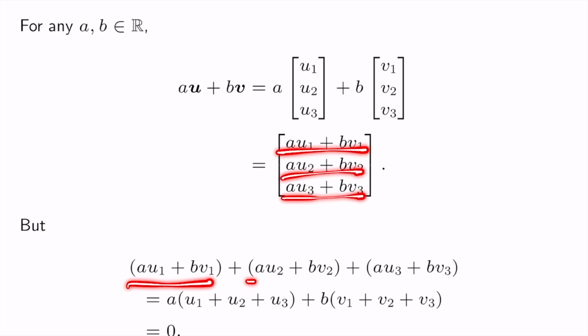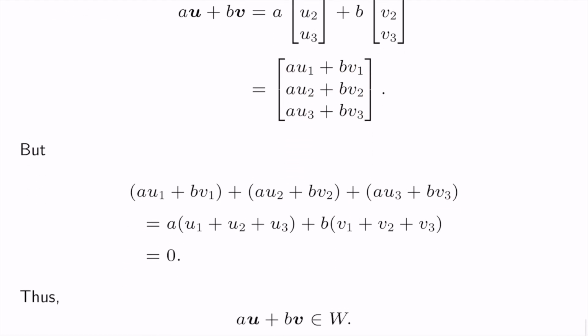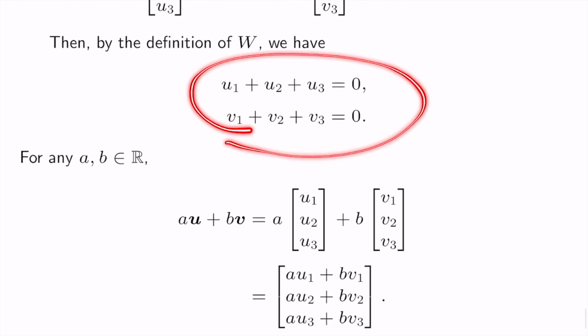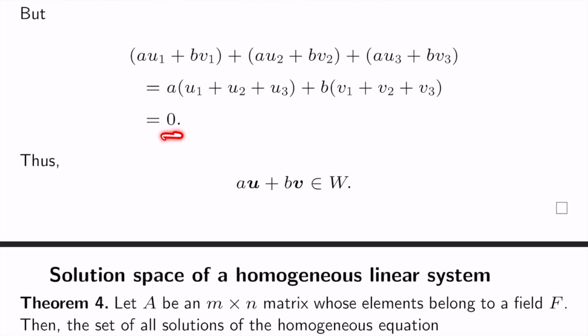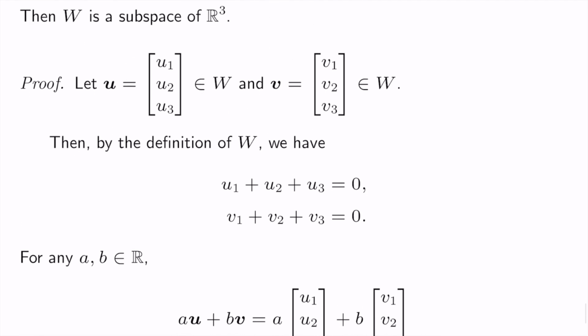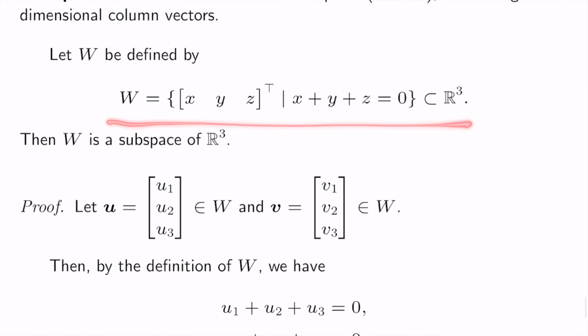So we have this plus this plus this. But if we factorize, we have A times (U1 plus U2 plus U3) plus B times (V1 plus V2 plus V3). But this is 0, this is 0, because we have this. Therefore, everything becomes 0. That means this vector also belongs to this subset. Therefore, this W is a subspace.